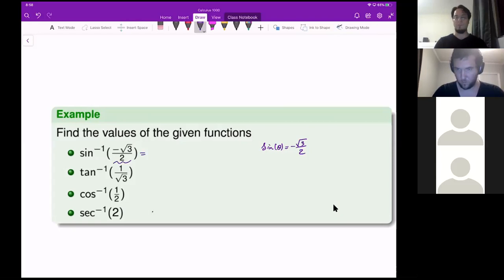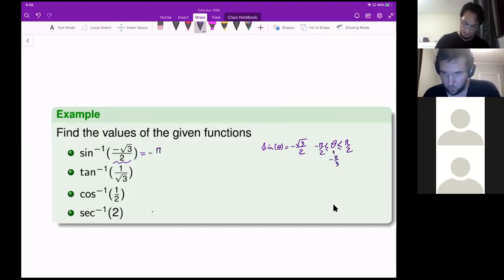Right away you might say there are infinitely many of them, but there is only one in the interval negative pi over 2 to pi over 2. That one is negative pi over 3. So sine inverse of negative √3 over 2 is negative pi over 3.